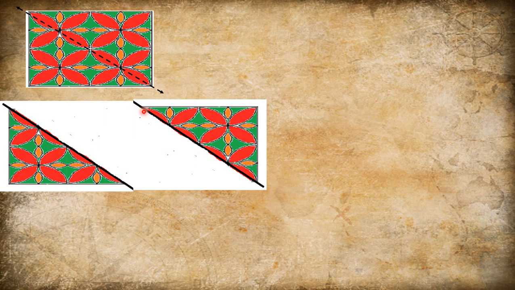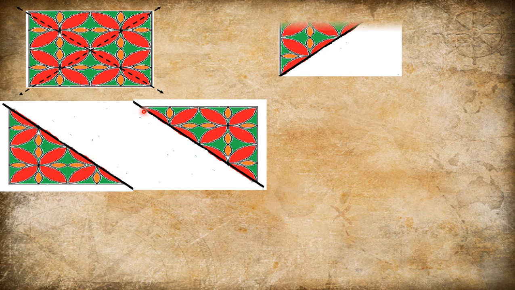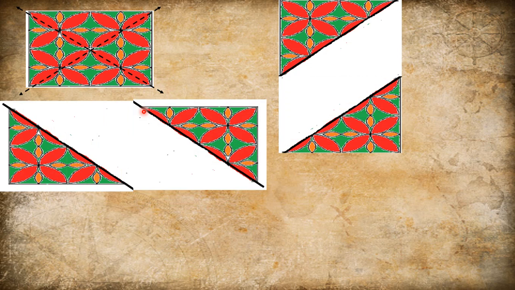Also we can draw a line diagonally on this design, so again we get two identical parts. Similarly, in this diagonal also we can draw. So that means this design has more than one line of symmetry: two diagonal lines of symmetry, one vertical and one horizontal line. That means we can say there are a total of four lines of symmetry for this figure.